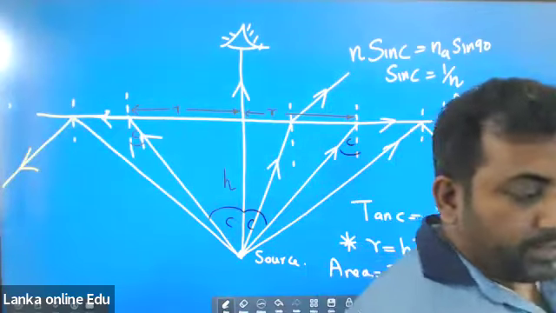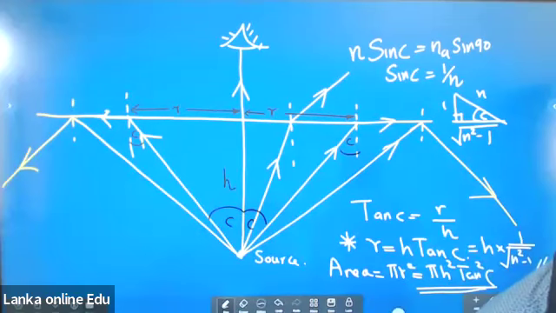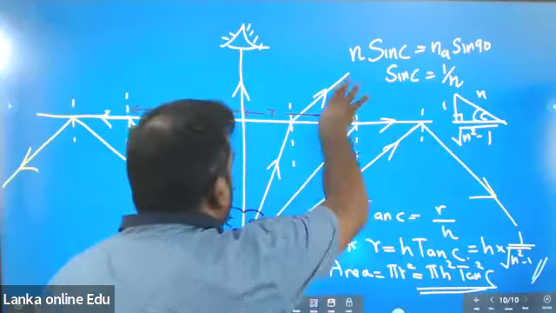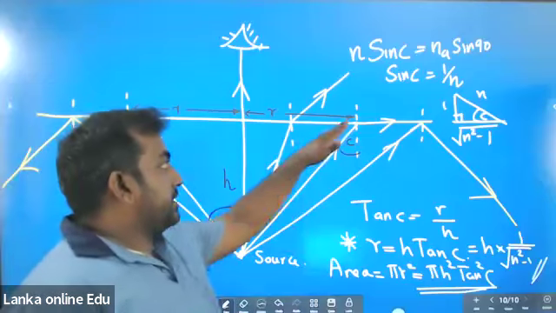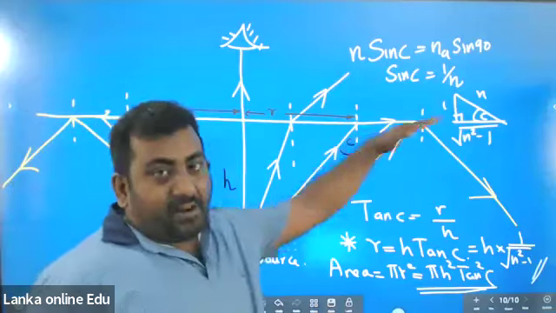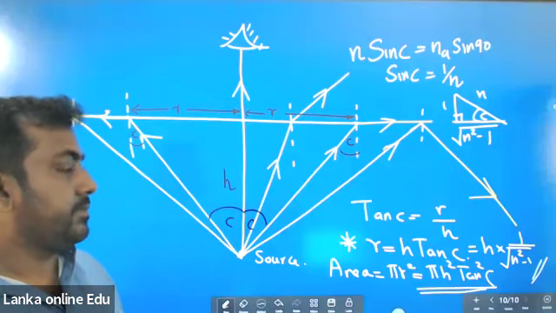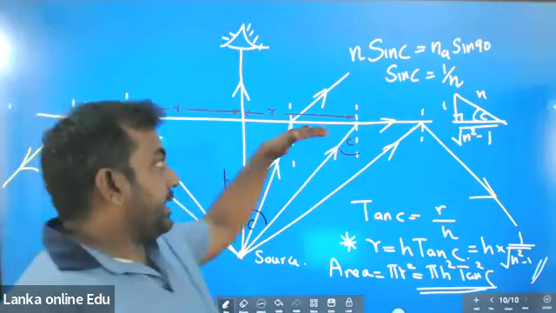Consider a source underwater. Light rays will refract into air. And at one instant, light rays will go along the boundary.